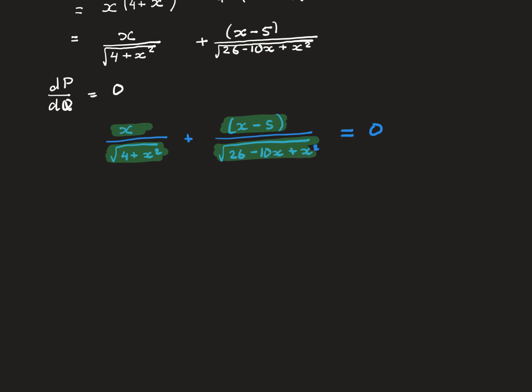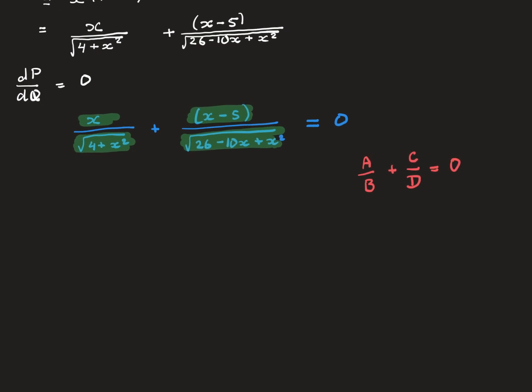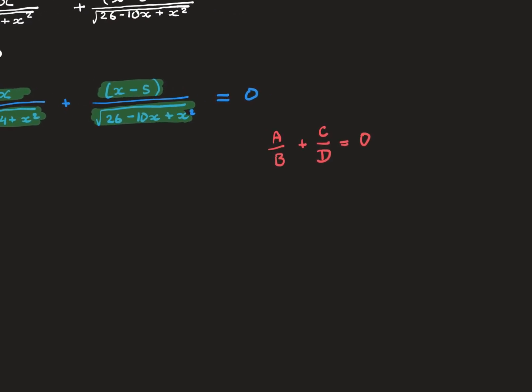So I want you to now pretend that what we have is A over B plus C over D, which is equal to 0. The two ways we can do this is this. We could do the butterfly effect and multiply together.